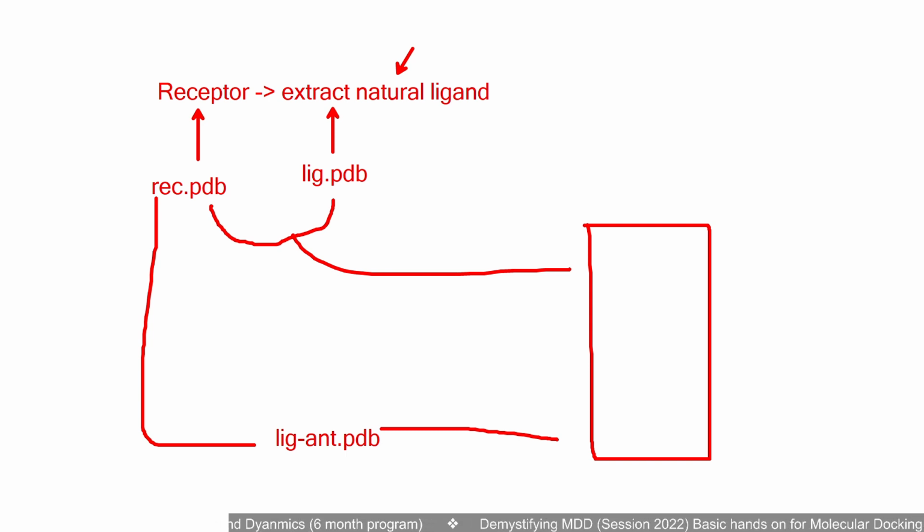There will be two dockings. First you perform docking between receptor and ligand. The receptor should be the same, and the ligand should be different. That first ligand will come from the PDB which you downloaded from the Protein Data Bank, which might already have an existing ligand. That gives you the original docking result.